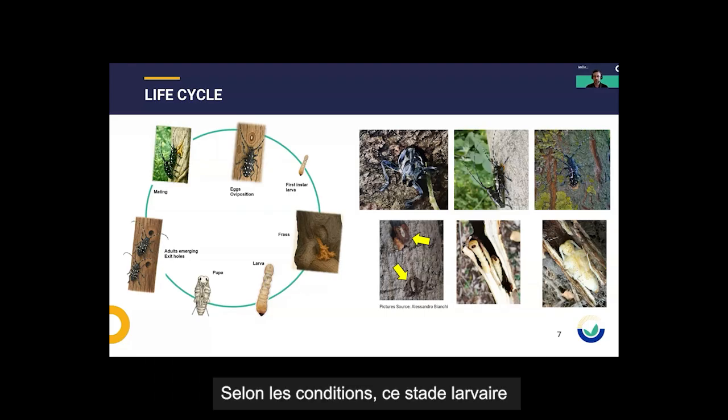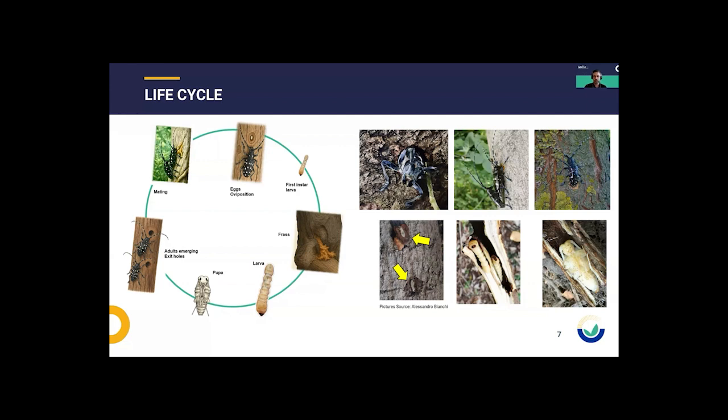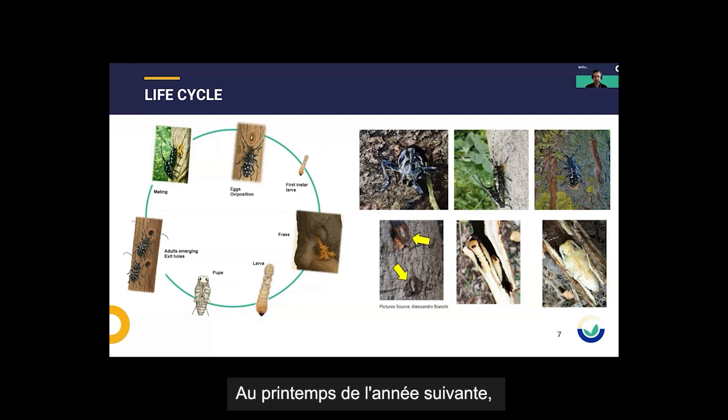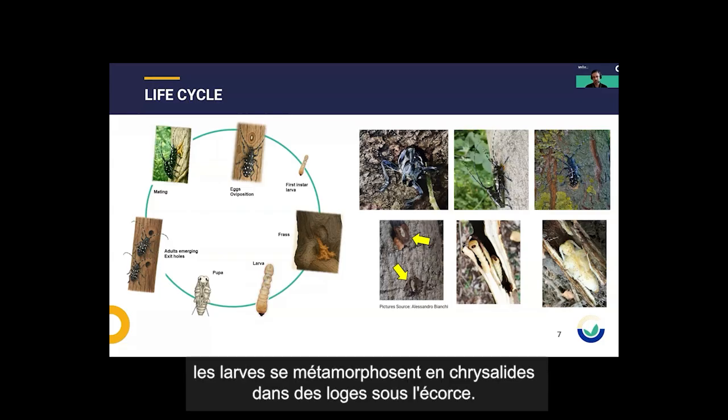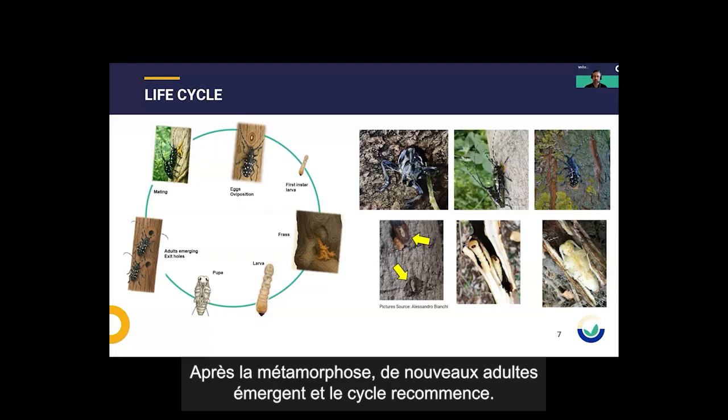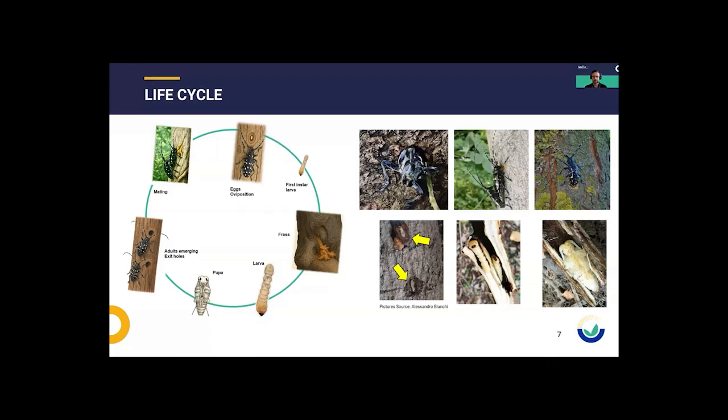Depending on conditions, this larval stage may last 1 to 3 years. During the spring of the following years, the larvae pupate in chambers under the bark. After pupation, new adults emerge, starting the cycle again.